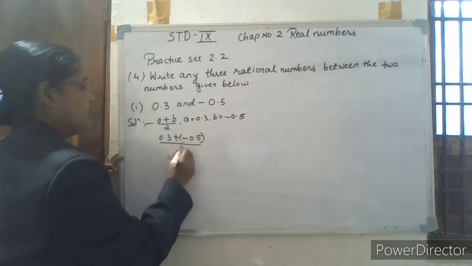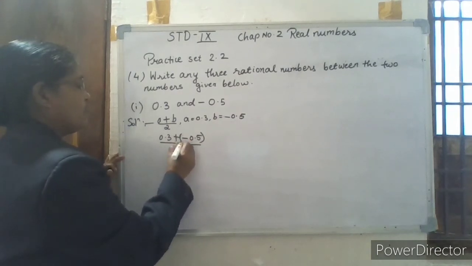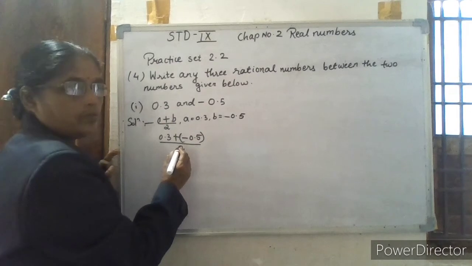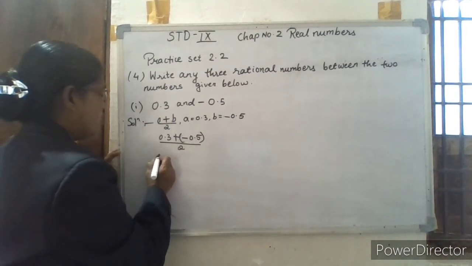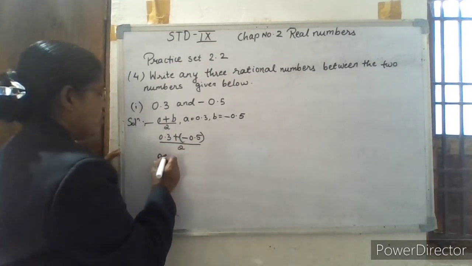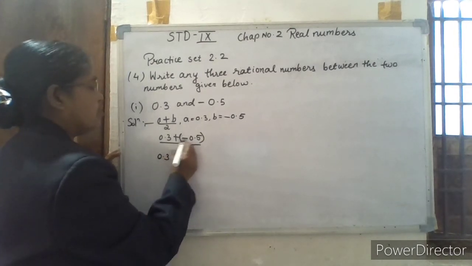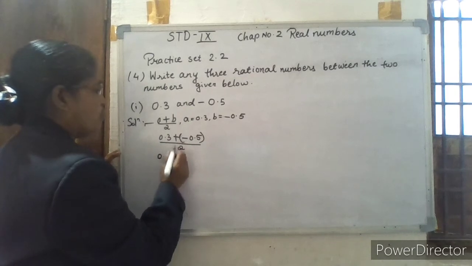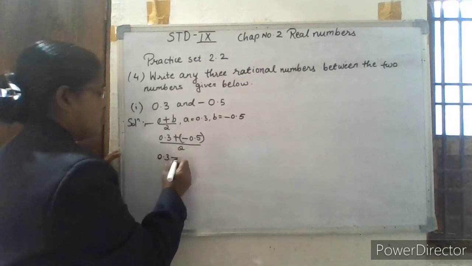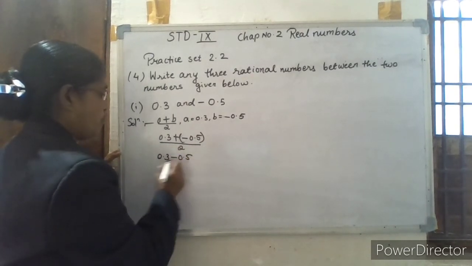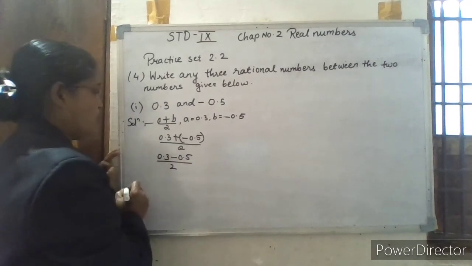Remove the bracket. Now, 0.3, plus into minus is minus. Remove the bracket. So, plus to minus is minus 0.5 by 2.